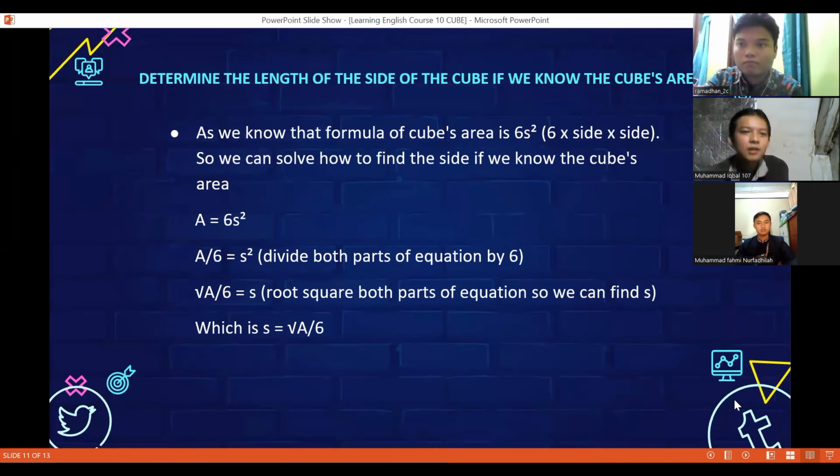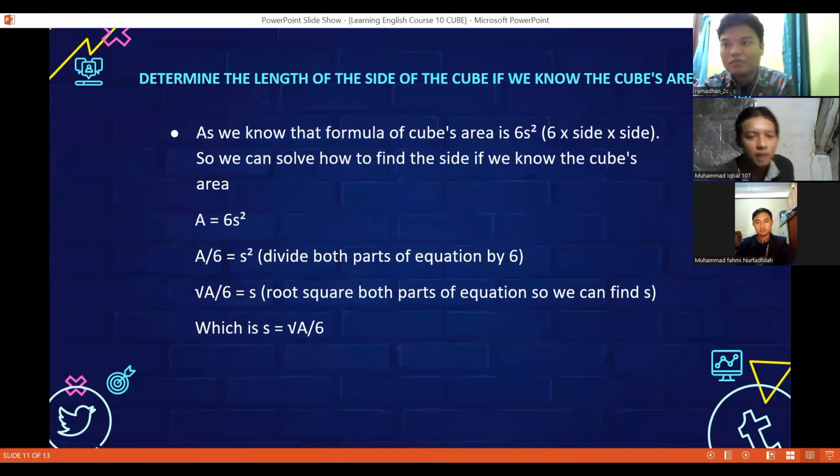The last, we're going to find the formula for the side of the cube if we know the surface area of the cube. As we know, the formula of the cube's area is 6 times s squared, which is 6 times side times side, so we can find the side if we know the cube's area.